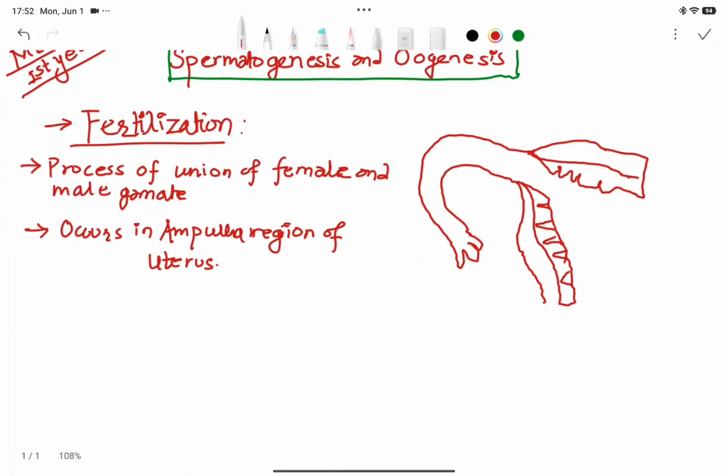This is the structure of the uterus, and there is the endometrial lining on both sides. This is the uterus, and there is the ovary, and there are the primordial follicles.